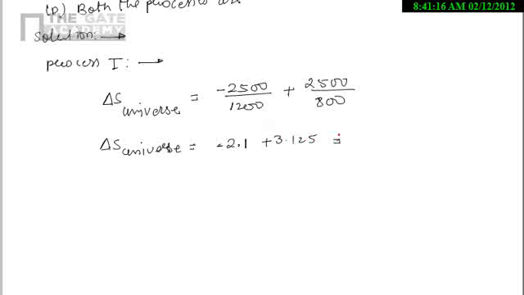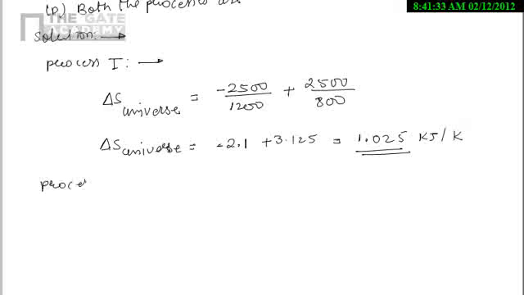So 3.125 minus 2.1 is 1.025 kJ per Kelvin. That is the solution for the first process.